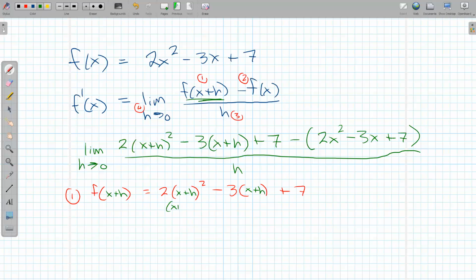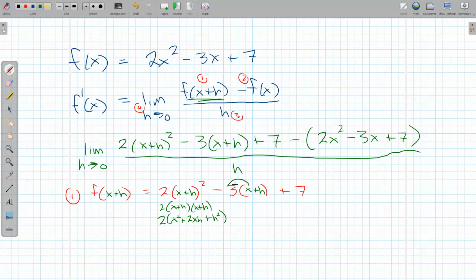So that right there is x plus h times x plus h. And then we don't want to forget to multiply that 2 back in. So this right here is going to give me, what, x squared, and then there's going to be an xh and another xh, so 2xh plus h squared. And I don't want to forget to double that.